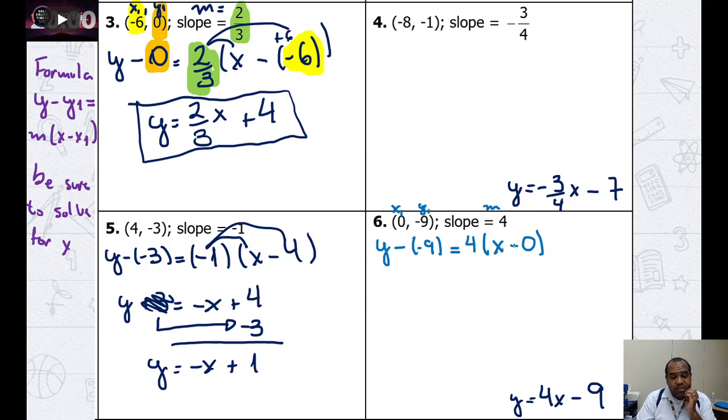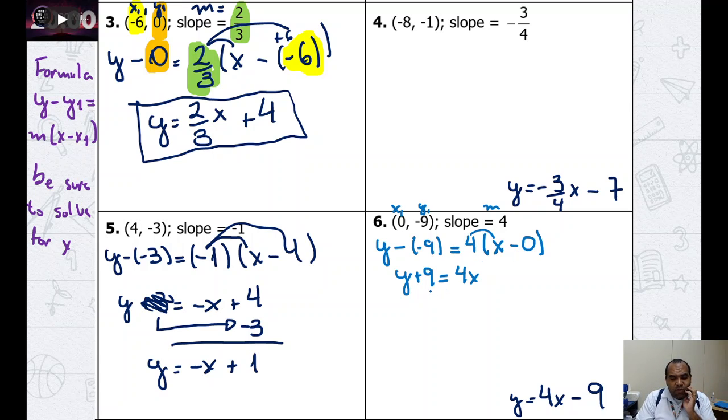Great. Pretty simple like that. Right now, just write again. Negative times negative is positive. y plus 9 equals 4 times x, 4x. 4 times 0 is 0. I don't need to write it over here because I have the number ready.